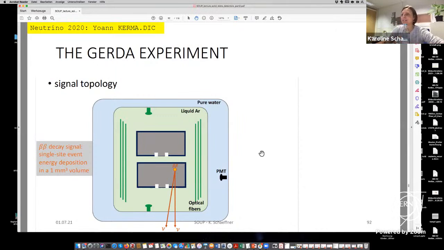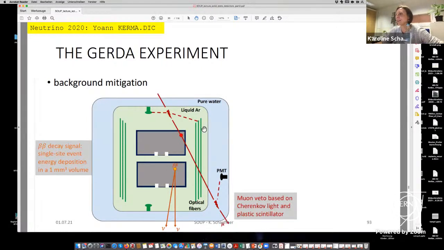If you would have this double beta decay in a detector, you deposit the energy and you measure it, fine. Now, if you have, for example, some muon passing, it would produce light here in this liquid scintillator, the argon veto. And you can reject it because you see then also the light in the water, but also in the argon.